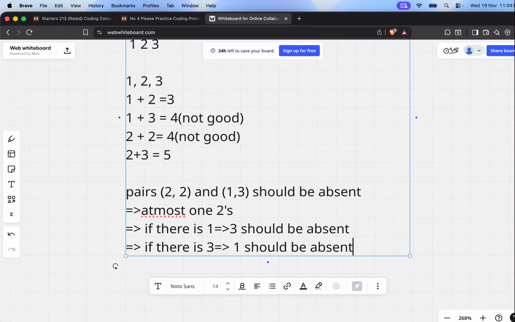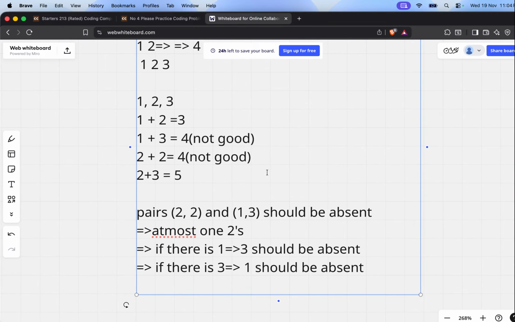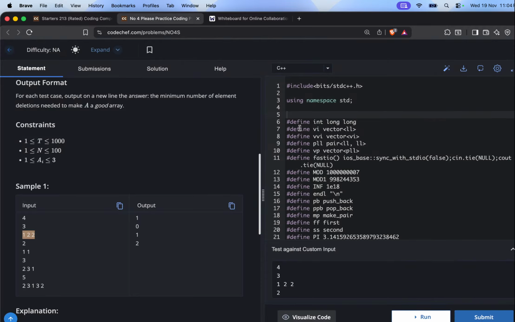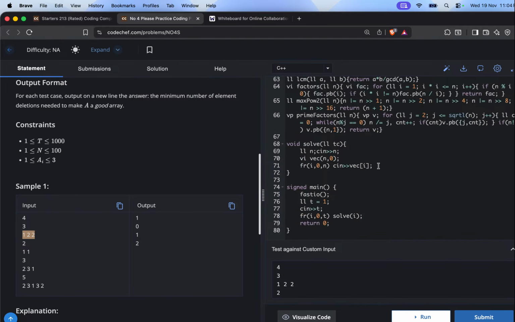This is our final observation plus algorithm. So let's implement it in code.